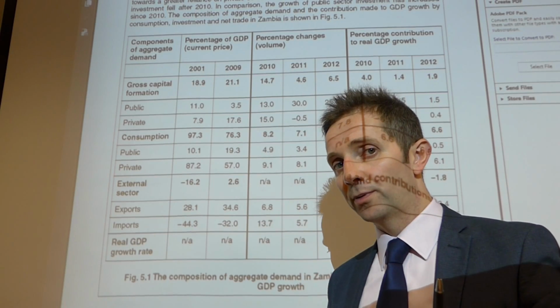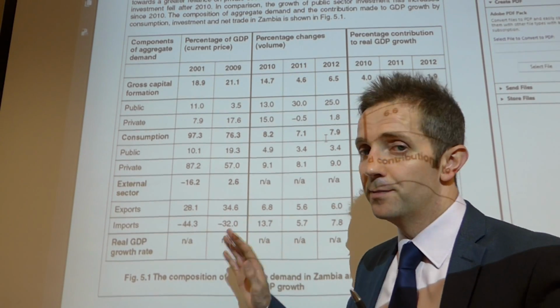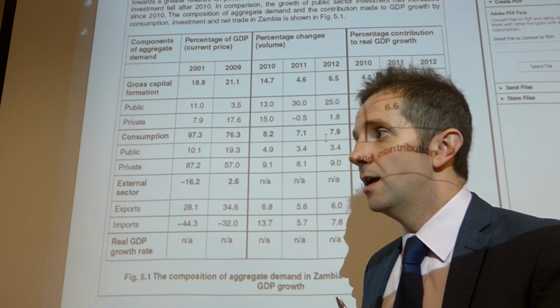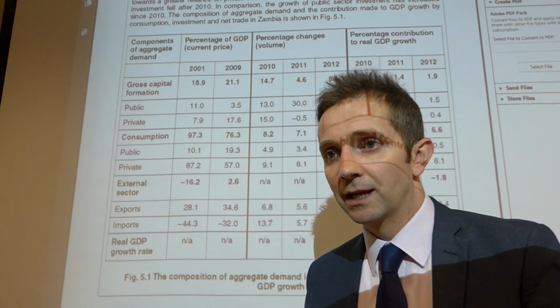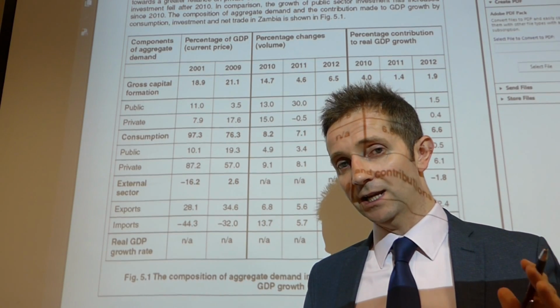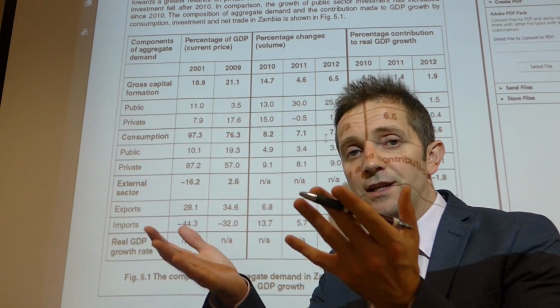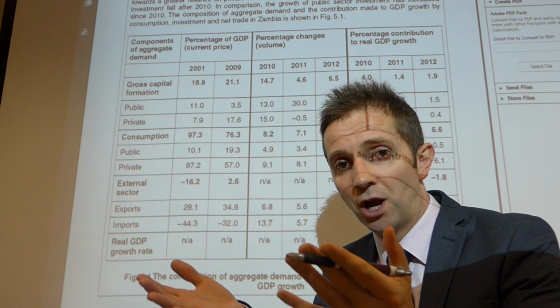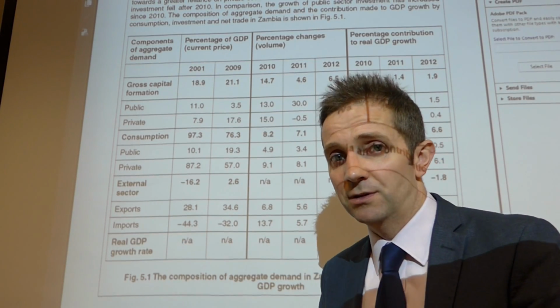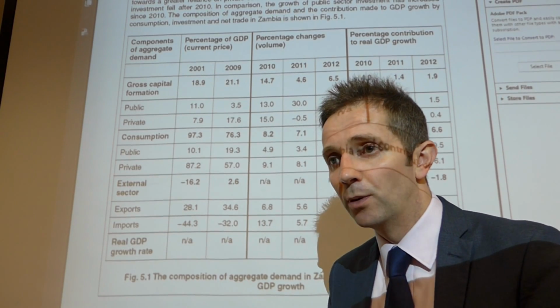The booming copper prices of course will also be very good for Zambia's foreign exchange position, which in turn makes it easier to bring in imports. The increased demand for those exports of copper will increase the demand for the kwacha, puts the price of the kwacha up, the exchange rate of the kwacha rises, and of course that then makes it cheaper to bring in imports.